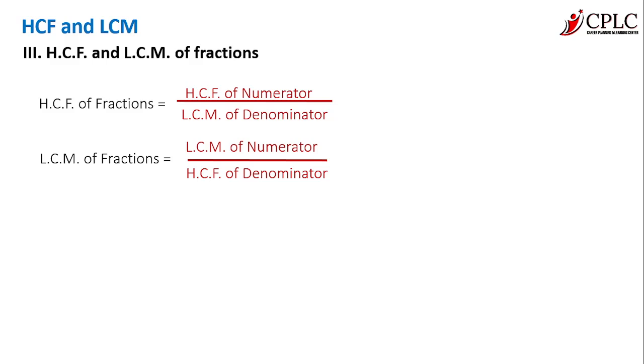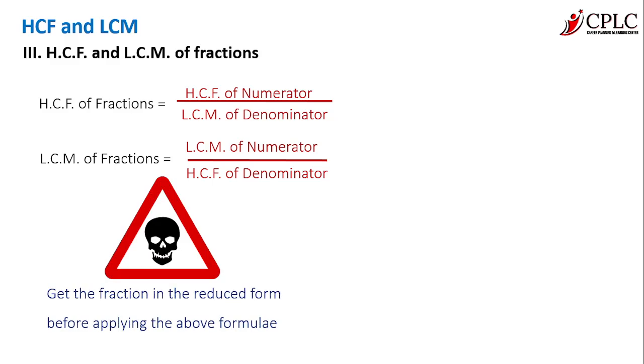But one thing we have to be very careful about, which a lot of people miss at certain times, so make sure you don't miss this, otherwise your answers will be wrong. Whatever fractions you have, they should always be in the lowest possible form. If they are not, then we first have to get them in the reduced form, the lowest possible form, and then apply the formula.